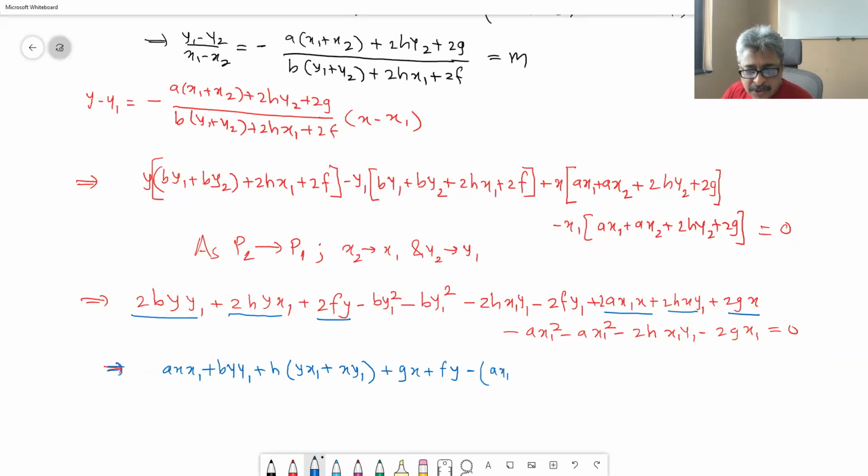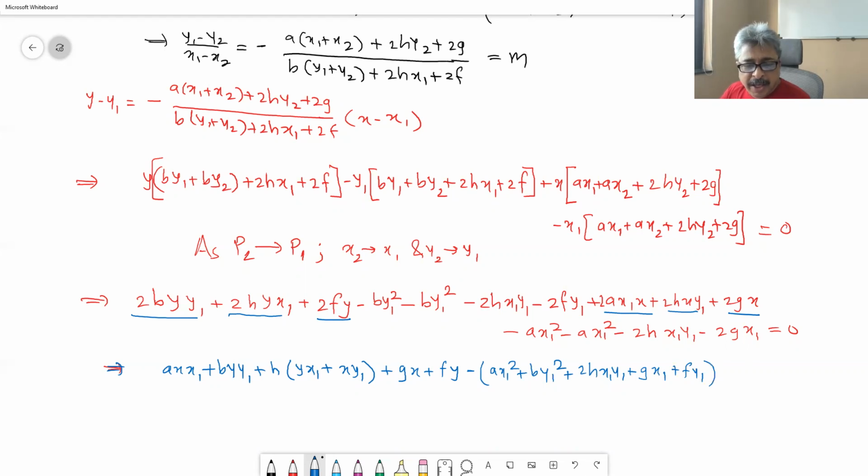And then let us take minus sign common out and write down everything which is minus. So ax1 square plus by1 square plus 2h x1y1 plus, or now what is remaining, now this is minus, plus 2gx1 plus gx1 plus fy1, that is what is remaining.